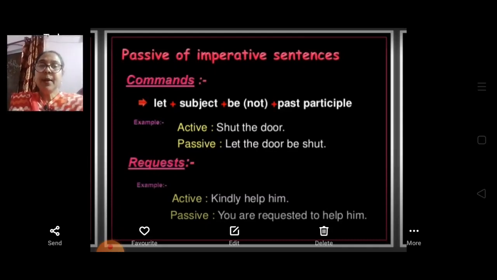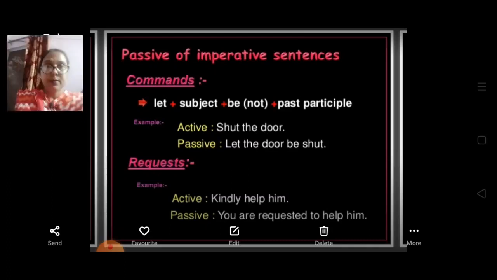So always remember, whenever we are making passive voice in imperative sentences, you are supposed to write, you are requested to help him. So these are the rules to change commands and requests in imperative sentences from active to passive voice.